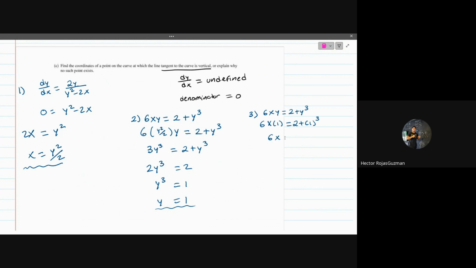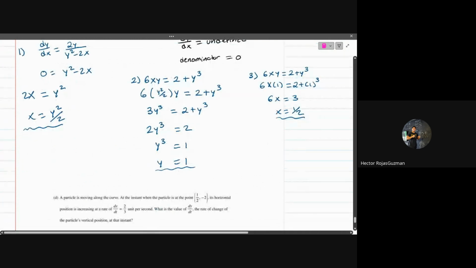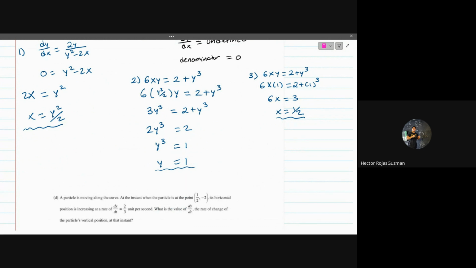So then 6x is equal to 3, and x is equal to 1/2. So there we go. Now we have the point with coordinates of 1/2, comma 1.